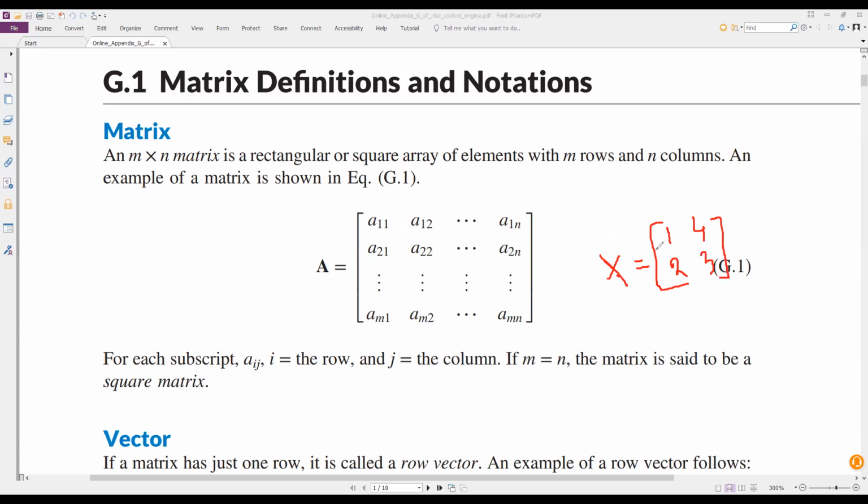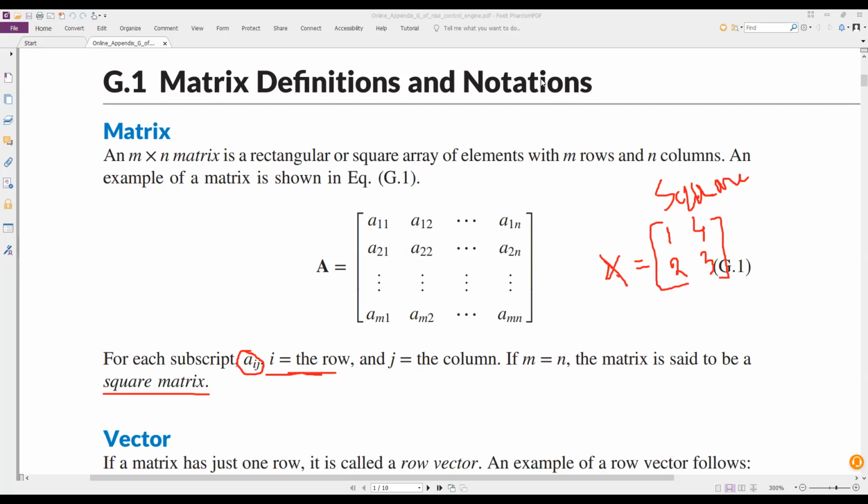This is a square matrix because it has 2 rows and 2 columns. If Aij is an element of a matrix, then i is the row and j is the column. If M is equal to N, then the matrix is said to be a square matrix.